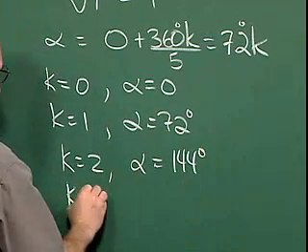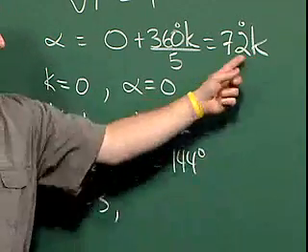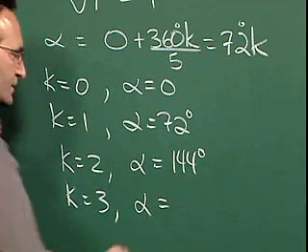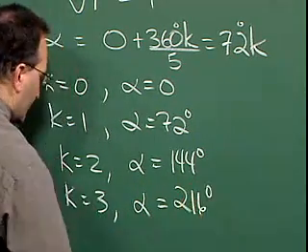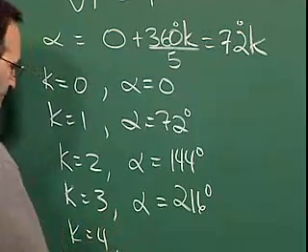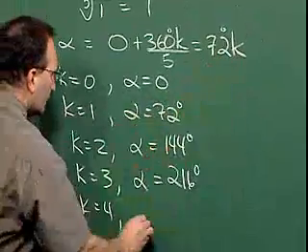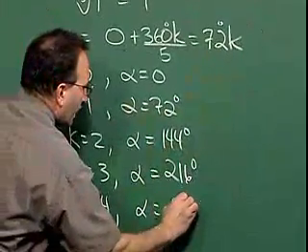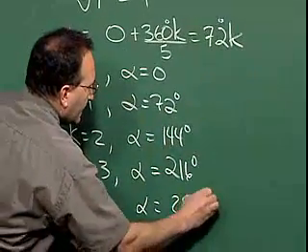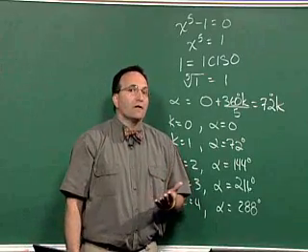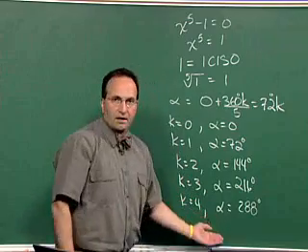For k equals 3, we get 3 times 72, so alpha is going to equal 216. For k equals 4, we get 4 times 72, or alpha equals 288 degrees.